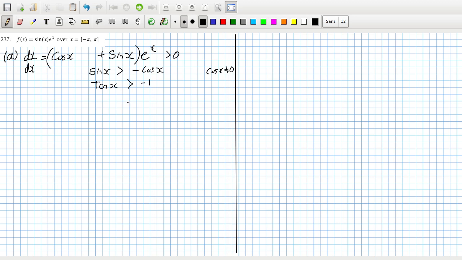So we could solve for when tan x equals minus 1, which is 135 degrees. We want to put that into radian mode though. I just think about the tan x graph actually.